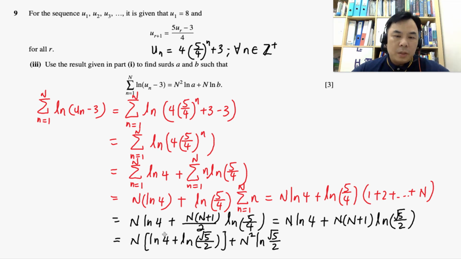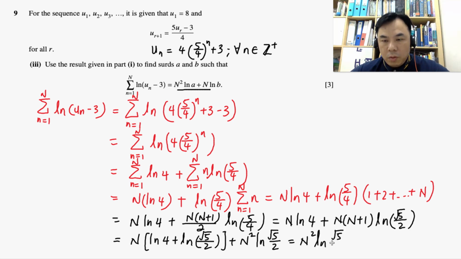And then finally, we can simplify this term. I'm going to rearrange this so that it matches this particular term here. I'll rewrite that as n squared ln of root 5 over 2 plus n ln, after you simplify this, you will end up with 2 root 5.